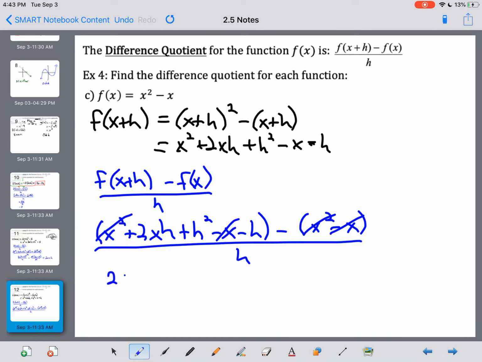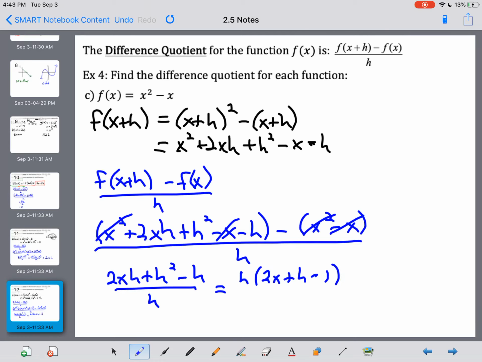So what I'm left with is 2xh plus h squared minus h all over h. And now I can take an h out of every term in the numerator. And be careful here. What we're left with then is 2x plus h minus 1. Right?